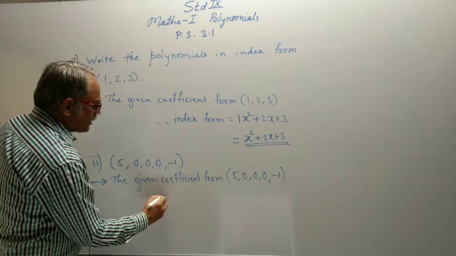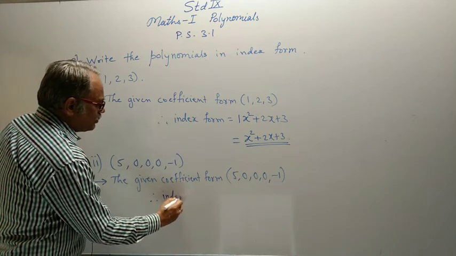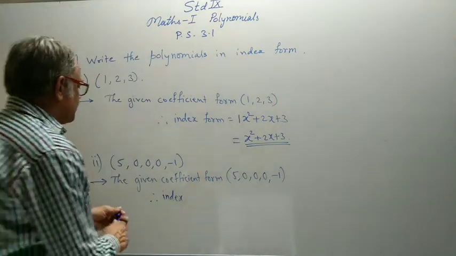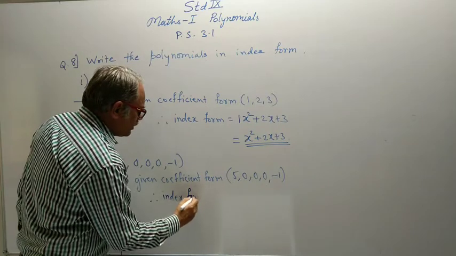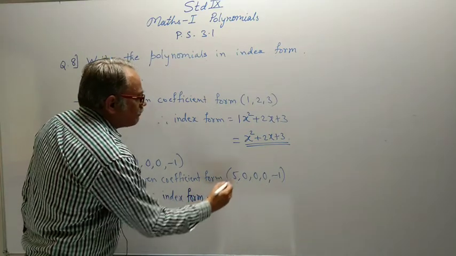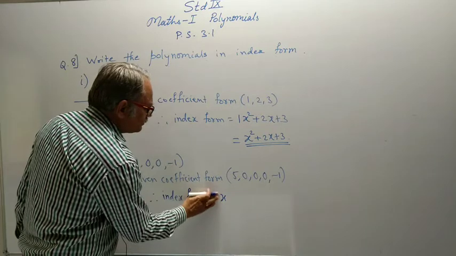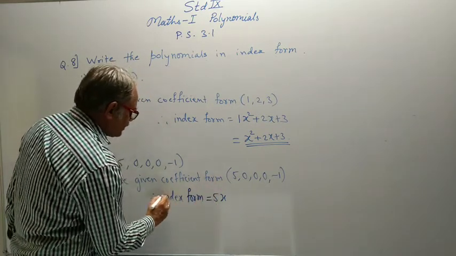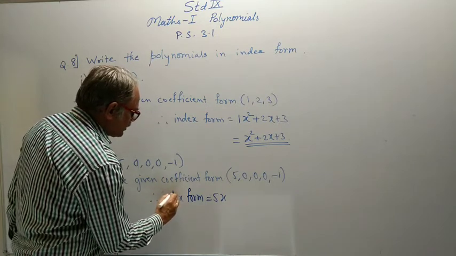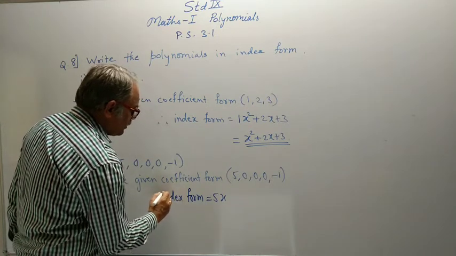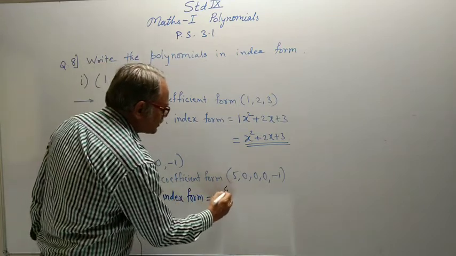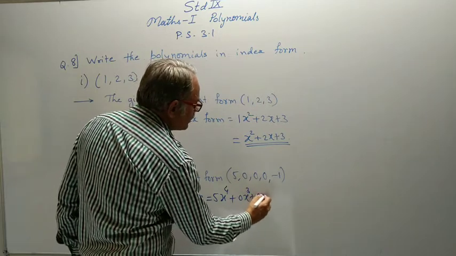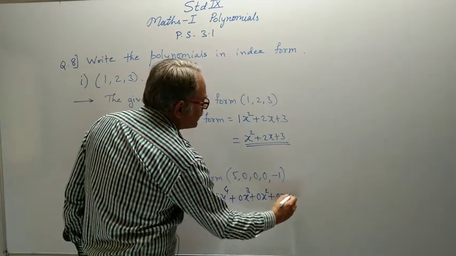Therefore, the index form is 5x raised to 4 plus 0x cube plus 0x square plus 0x minus 1.